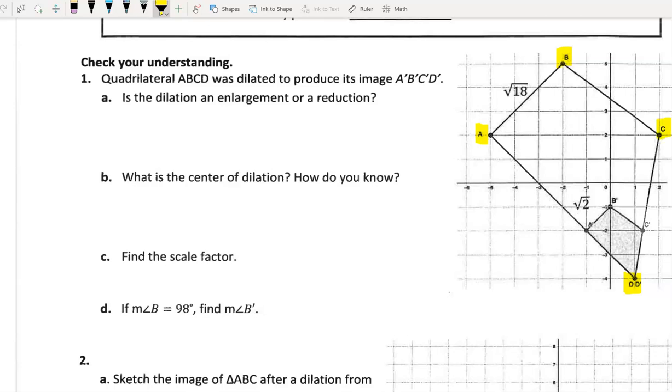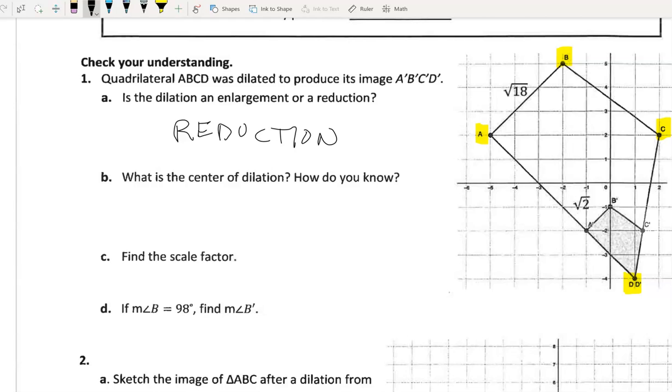Here's ABCD, and you can see the new one has been shrunk down. ABCD is larger and A prime, B prime, C prime, D prime is smaller. So is the dilation an enlargement or a reduction? It is a reduction. Since the primes are here, it's smaller, so it's a reduction.